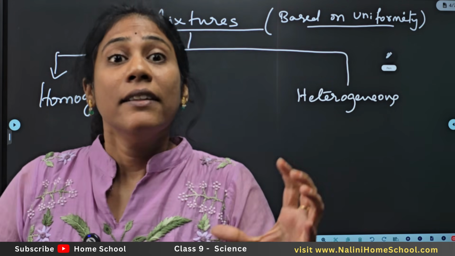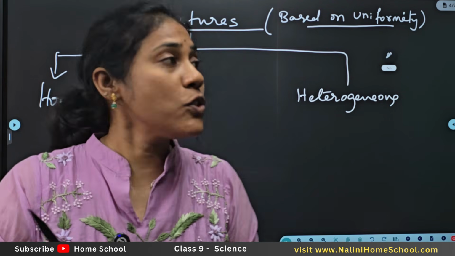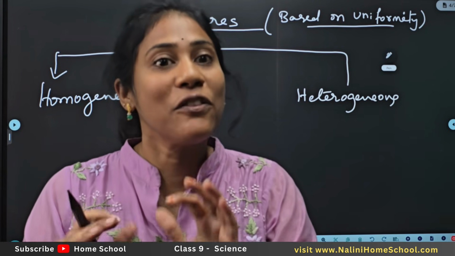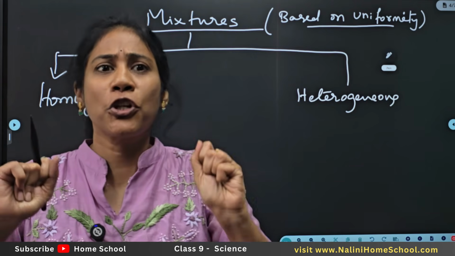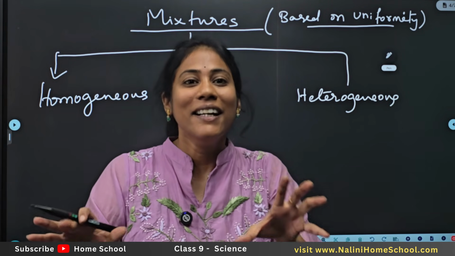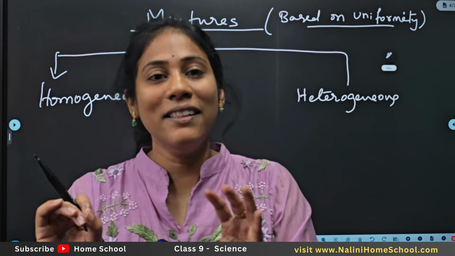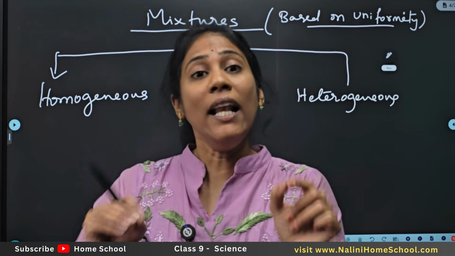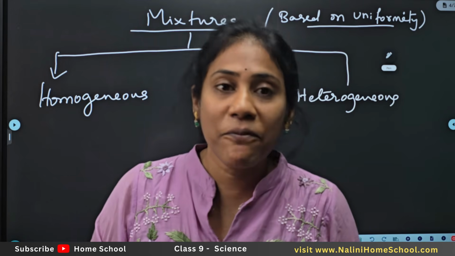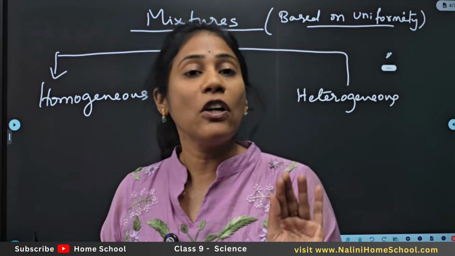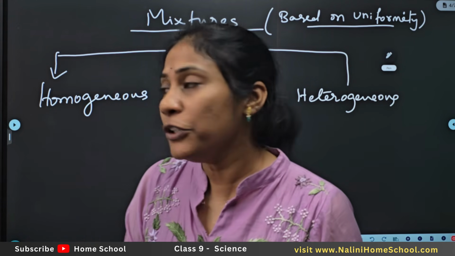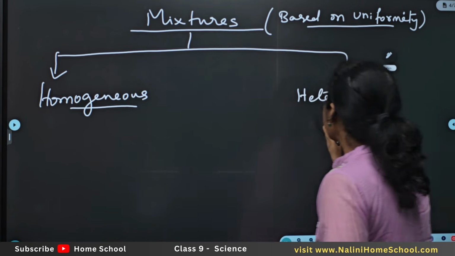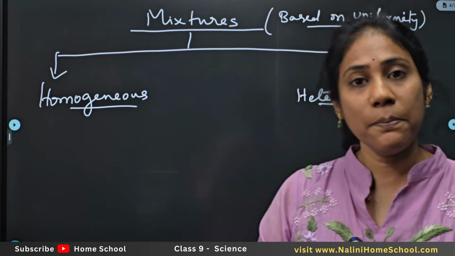That means how well the different components or items got mixed with one another. How good the friendship is between the different parts or chemicals is what we call uniformity. So based on uniformity, mixtures are classified into homogeneous mixture and heterogeneous mixture here.